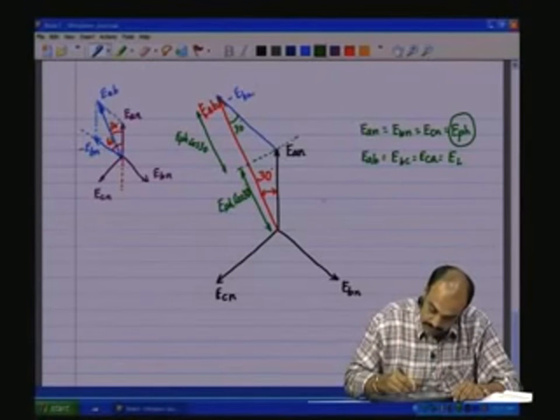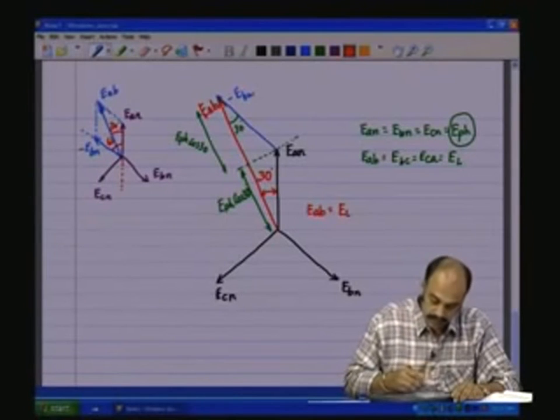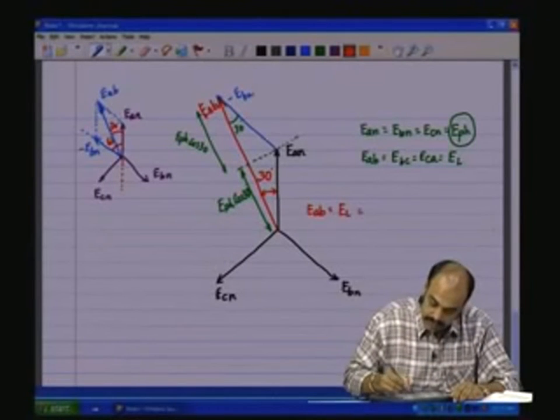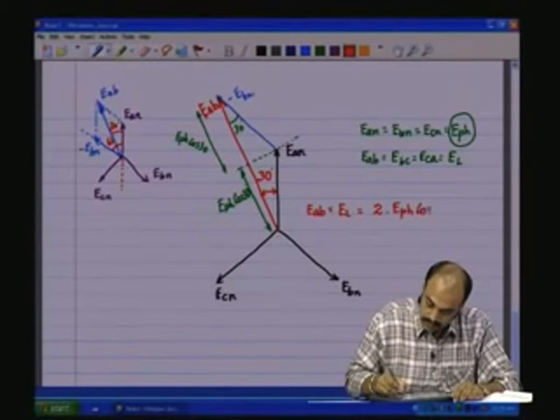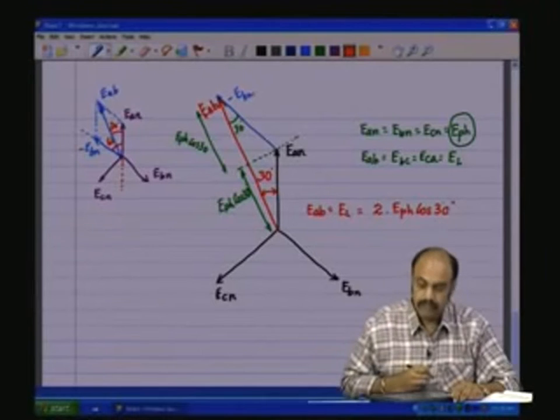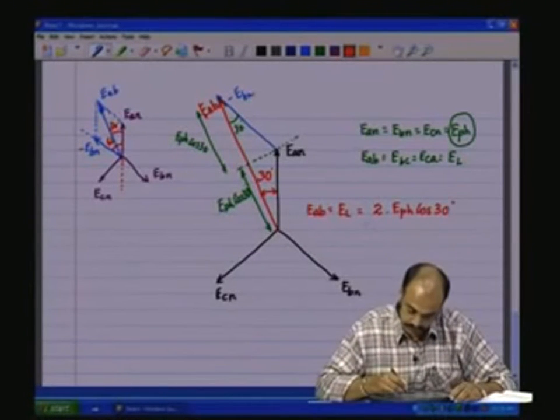Therefore, EAB, which is E line, the line voltage, will be equal to 2 into E phase cos 30 degrees. What is cos 30 degrees? Cos 30 degrees is root 3 by 2. So, which will be 2 into E phase root 3 by 2.